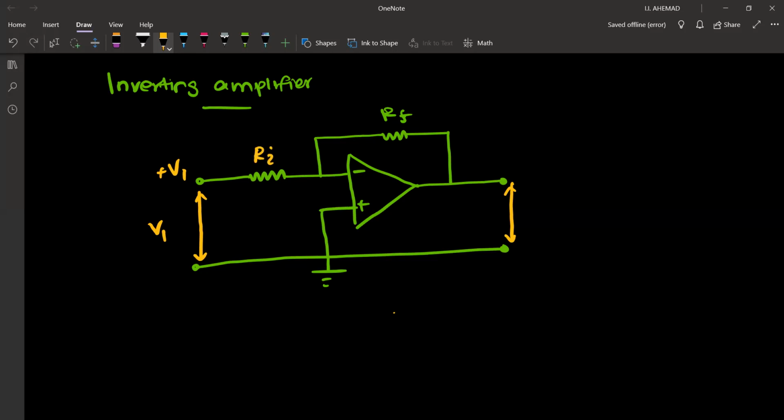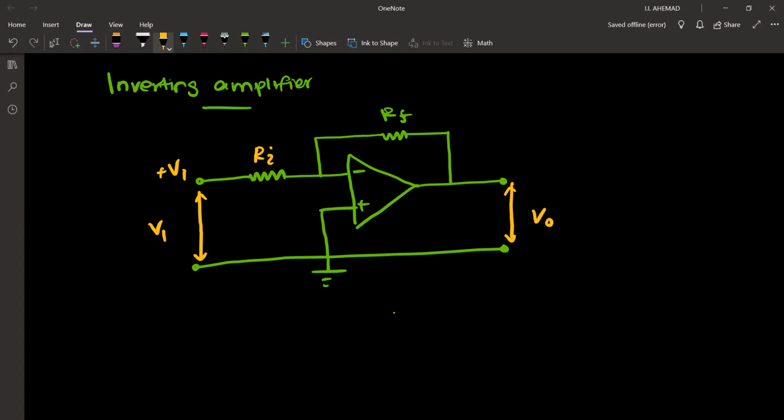So can I apply the golden rules here? To apply the golden rules, what are the conditions? It has to be in negative feedback and it has to be closed loop. Are both conditions satisfied? Yes, it is in negative feedback, and it is closed loop.